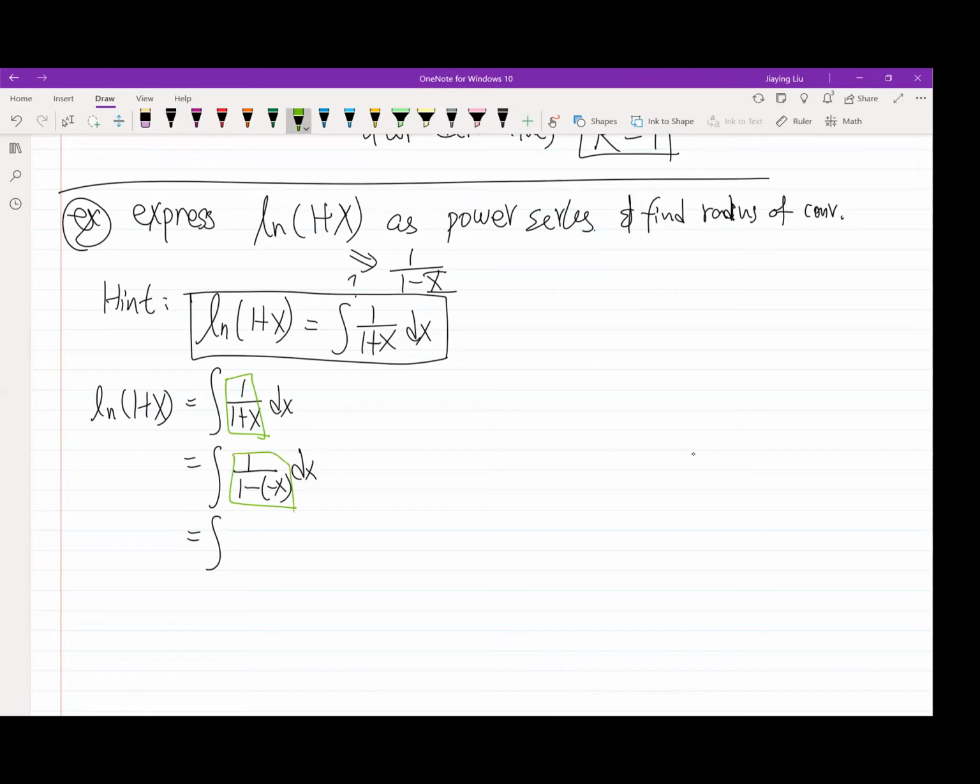Now this part, using power series, is sigma n from 0 to infinity, negative x to the n dx. And the series in the middle here, let me just box it before I move on to the next line. This one is convergent if the absolute value of negative x is less than 1, because that will be important later when we try to find the radius of convergence.